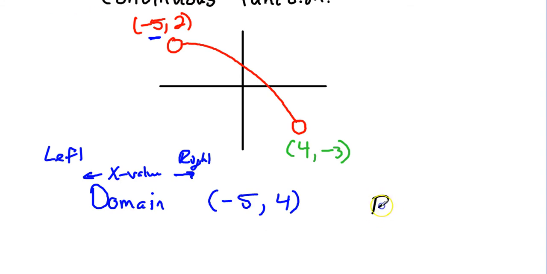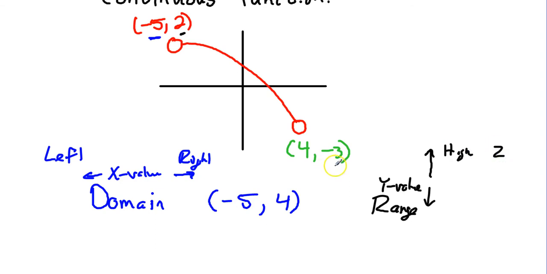All right, and when you go for the range, well, that's your y values. And when you talk about the y values, you're going up and down. So what's the highest point on the graph? It's right here, right? And for that one, you only use the y value. So your highest point's at 2.